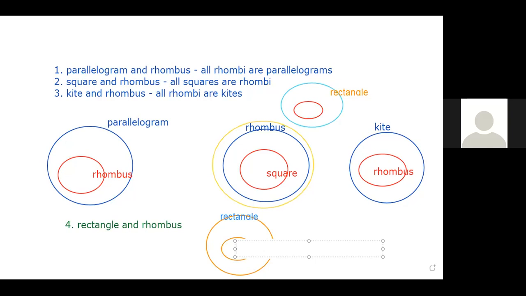Is it like one nested completely inside the other? Yeah, that parallelogram outside the rhombus is good.